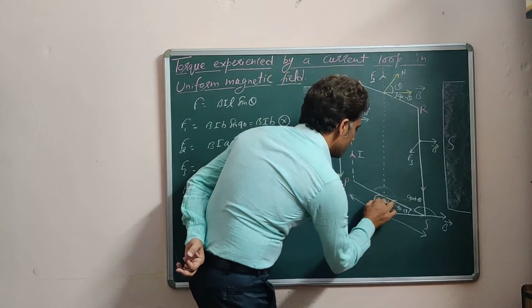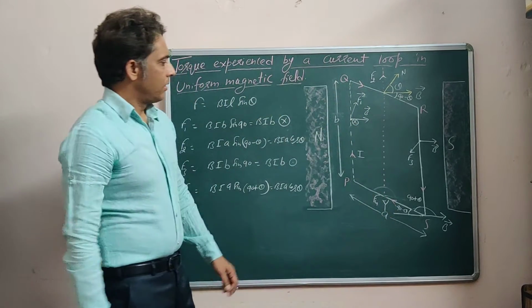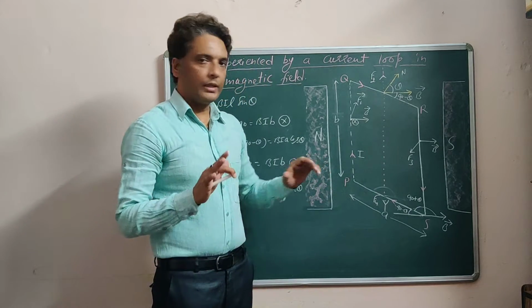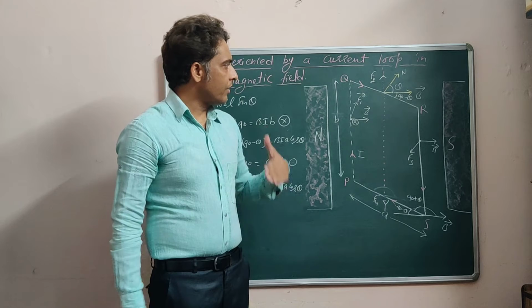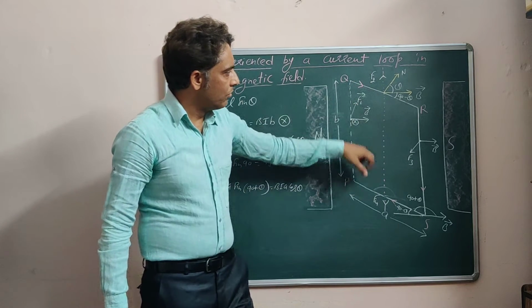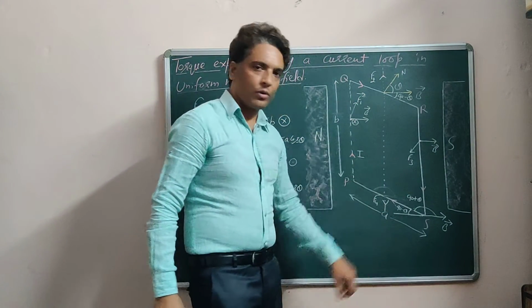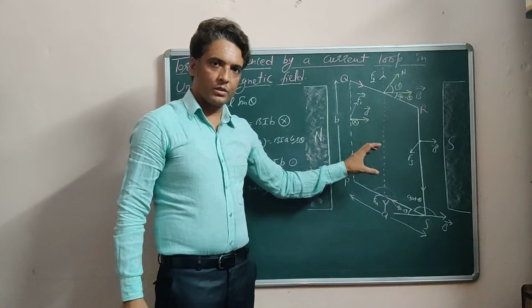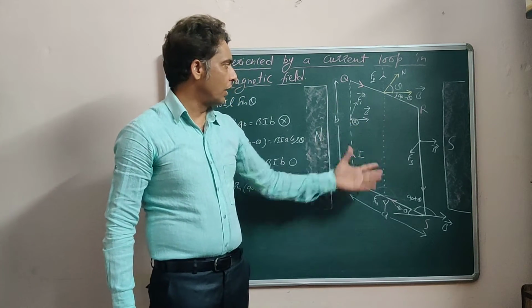So this force is F4. In this way we find the forces F1, F2, F3 and F4 on the four portions of this rectangular coil.